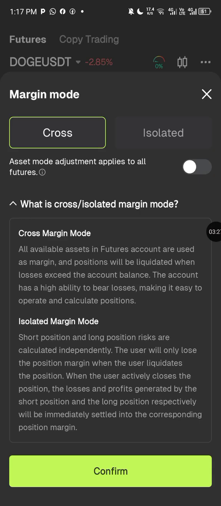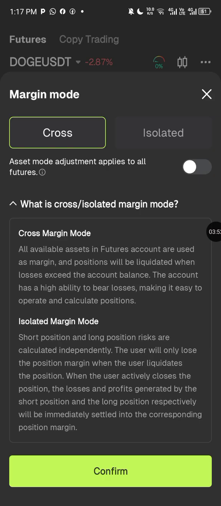So if you enter a trade with $5, it is that $5 you are risking to market. Now let's read further. It said the user will only lose the position margin when the user liquidates the position. So your entire futures account will not be liquidated. Okay, it is only the position that will be liquidated. The position is the trade, meaning it is only the trade that will be liquidated.